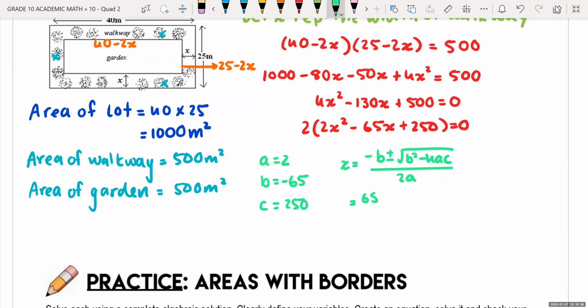So it's going to be 65 plus or minus the square root of negative 65 squared minus 4 times 2 times 250, all over 4.